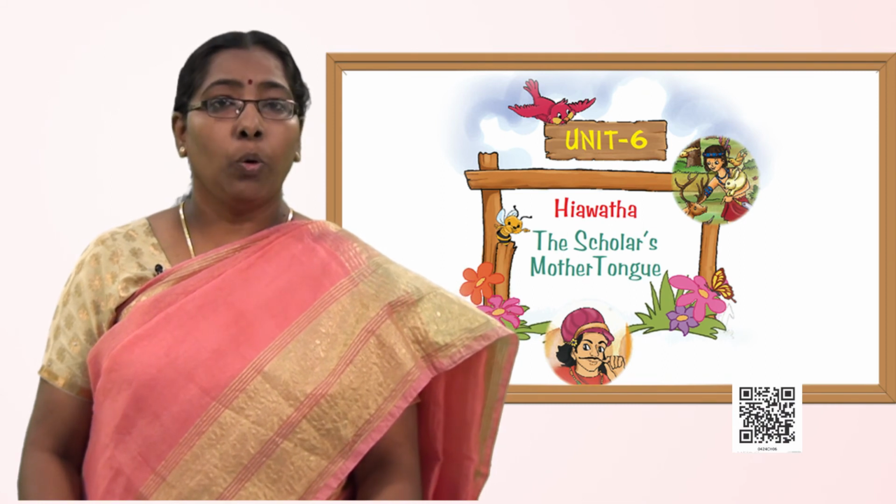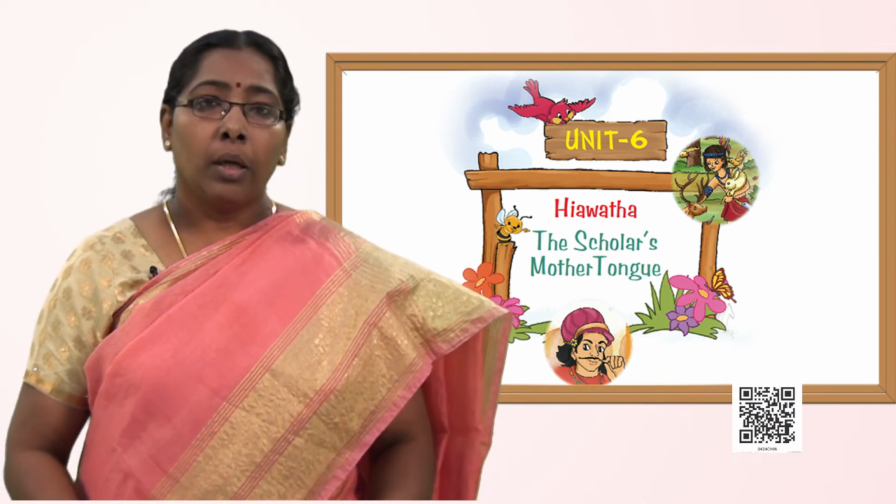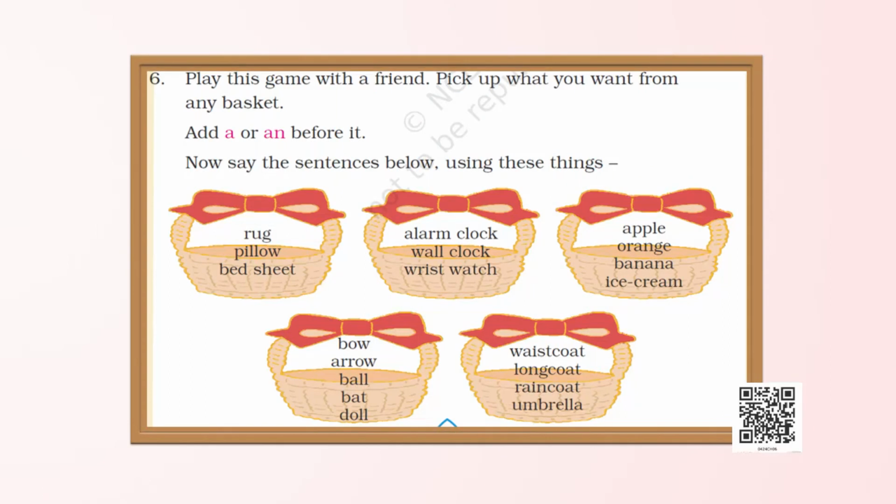Now, we have one more game to play. On page number 123, you have 5 baskets and words are written there. Yes. So, you have to write these words. So, you have already learnt about article in your previous class, isn't it? So, use a and an and write the word there.